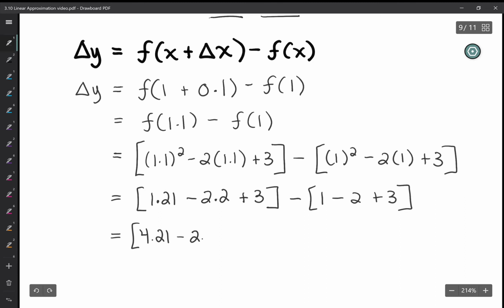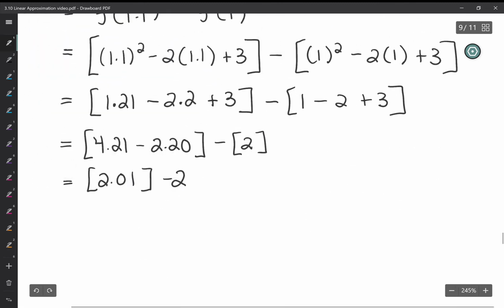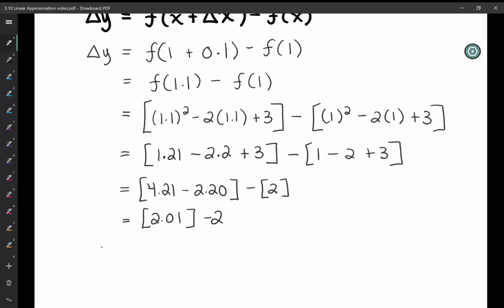Then we're subtracting that 2 and 1/10, which I'll rewrite as 2.20, minus 1 minus 2 plus 3 gives us 2. 4.21 minus 2.2 gives us 2 and 1/100th. Then we still need to subtract 2. So we find that delta y is equal to 0.01.